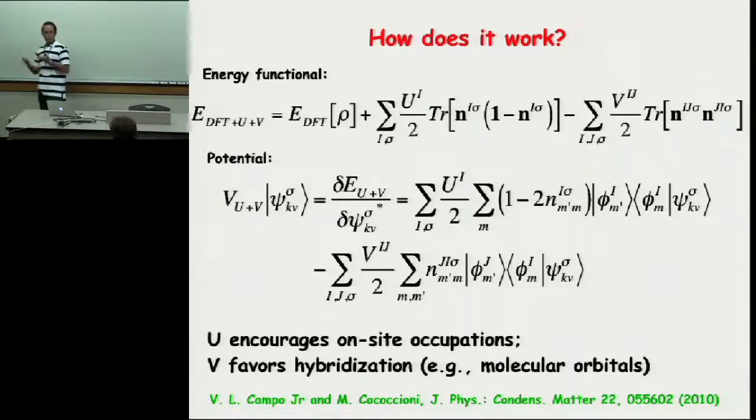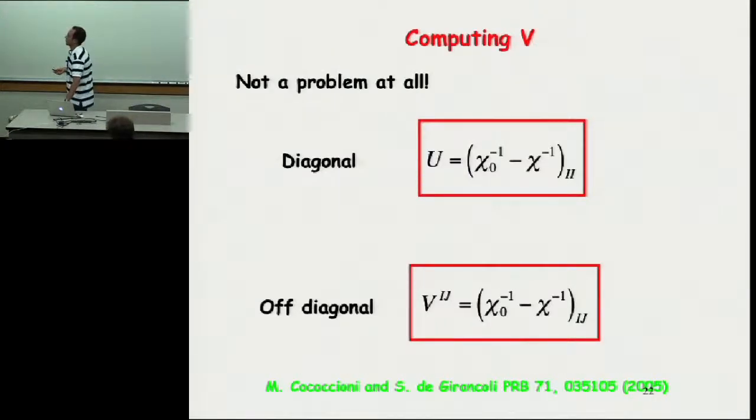And of course, the competition between the two, and the balance between these two interactions, will give you the character of the final ground state. So of course, the final answer will depend on what the values are for U and V. But fortunately, computing V is not a problem at all. It's actually a byproduct of the method I was showing you before. You just need to look at the off-diagonal elements of those response matrices, and you will have V for free.